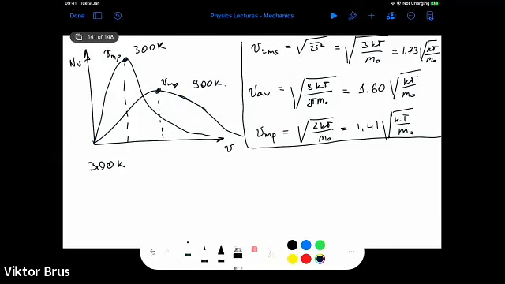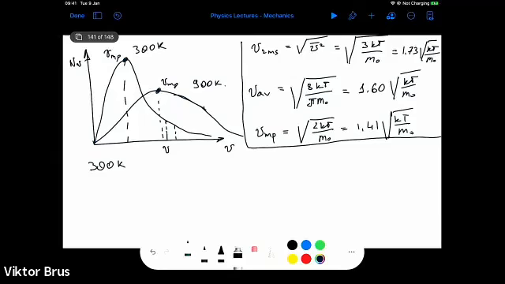So the definition, the way we can determine the total number of particles within a certain interval of velocity. We just pick up, for instance, some v.